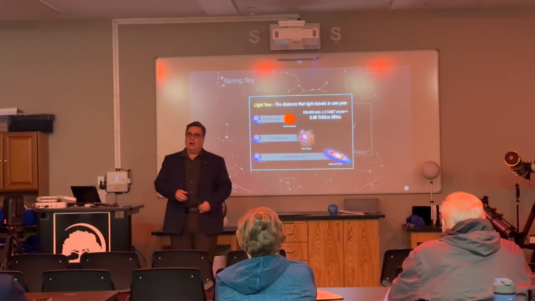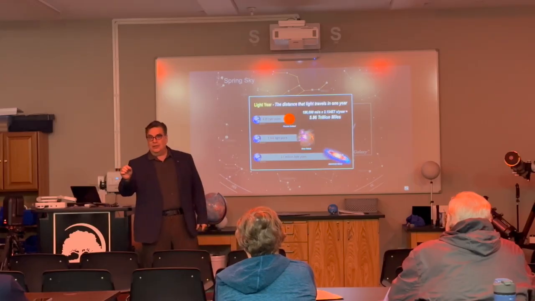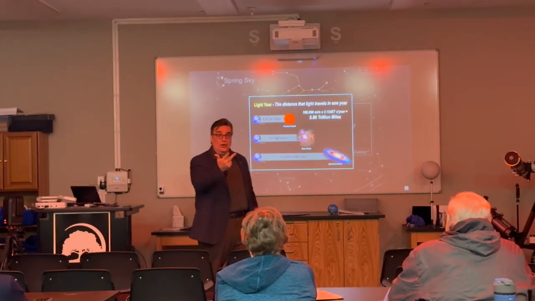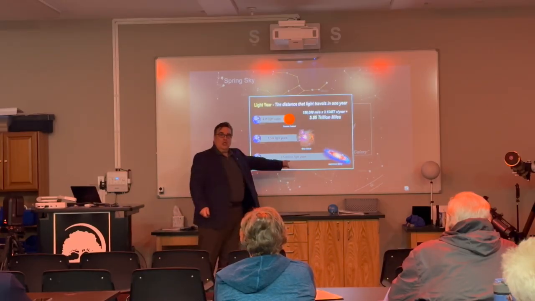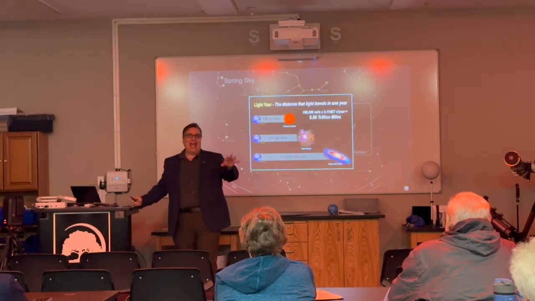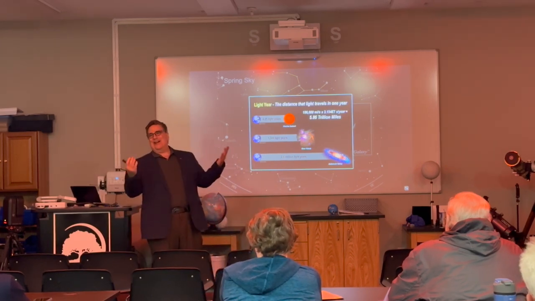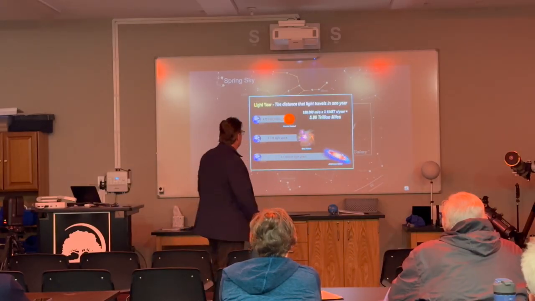And when you look at the Andromeda Galaxy, which, believe it or not, you can see with the unaided eye, you have to have good eyes, you have to have clear skies, and you have to know exactly where to look, you're looking at what it looked like 2.5 million years ago. Astronomers are time travelers, and our telescopes are like time machines.